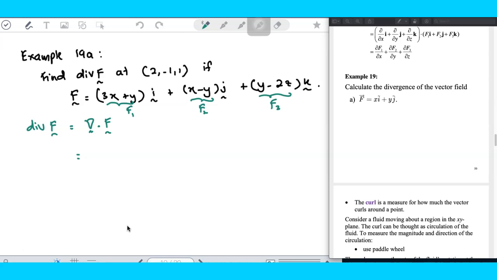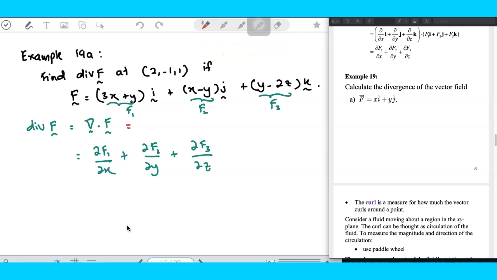So we have del f1 over del x plus del f2 over del y plus del f3 over del z. How can we get that?